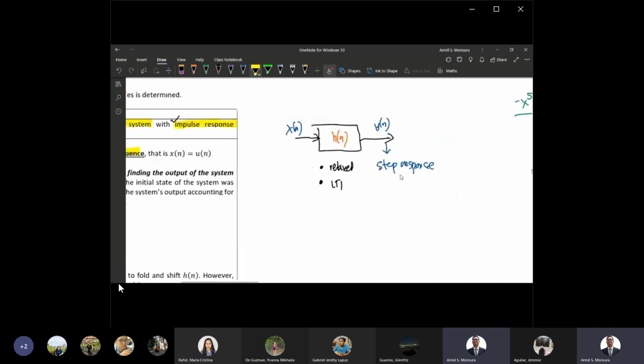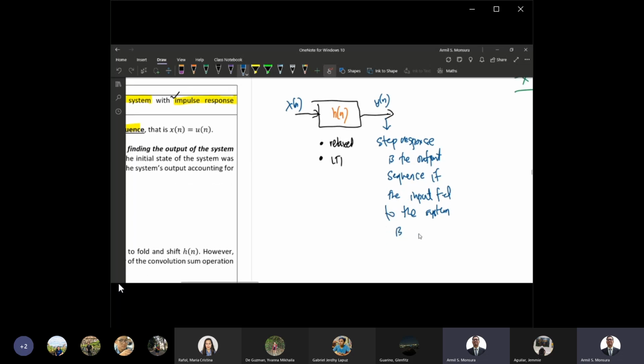So, step response ang tawag natin sa output sequence if the input fed to the system is step input, or unit step sequence u of n.